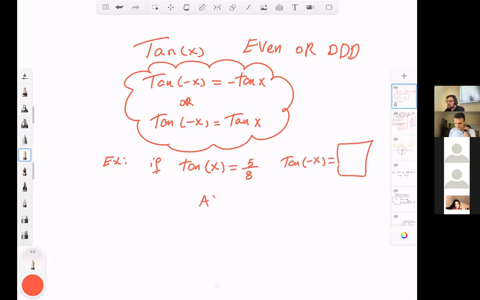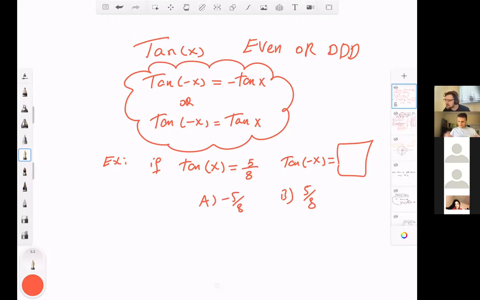Is it A, negative 5/8, or B, positive 5/8? Jason says negative 5/8.